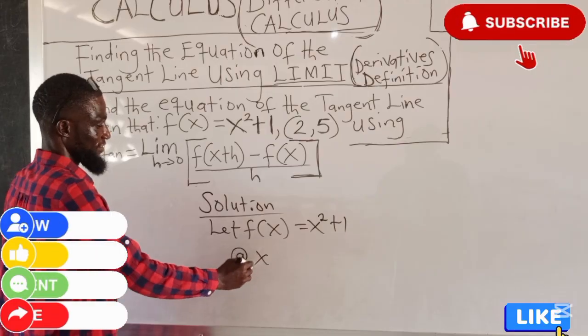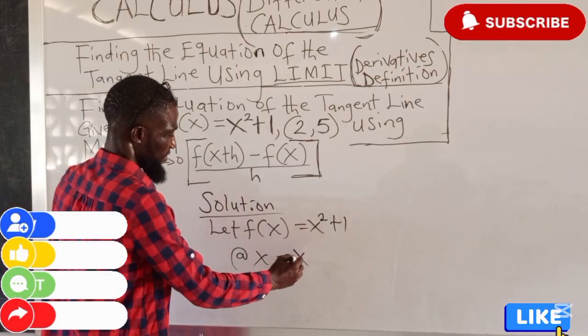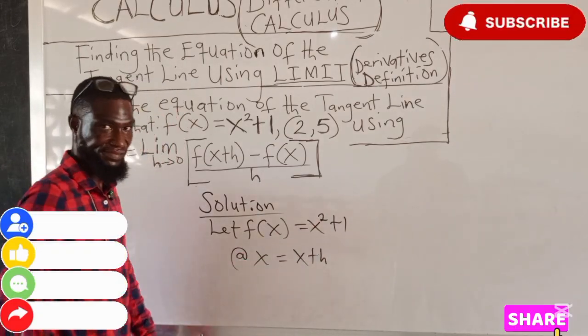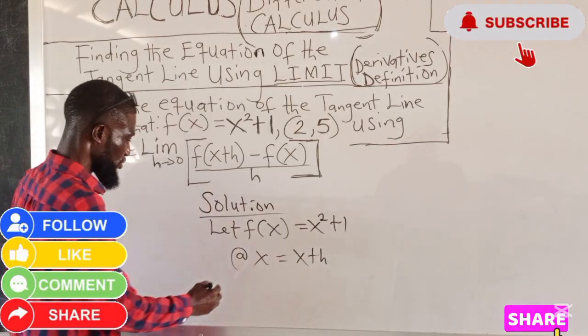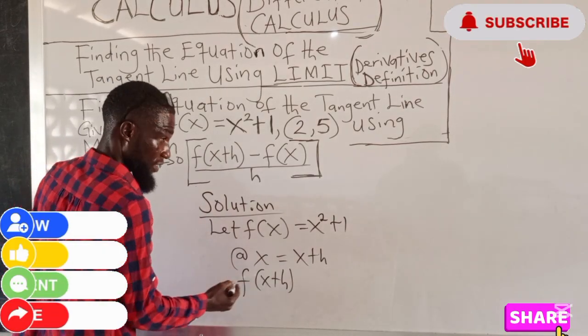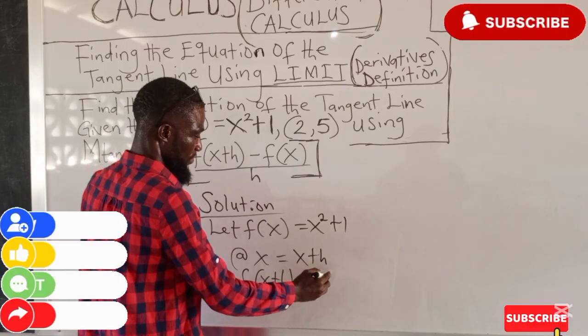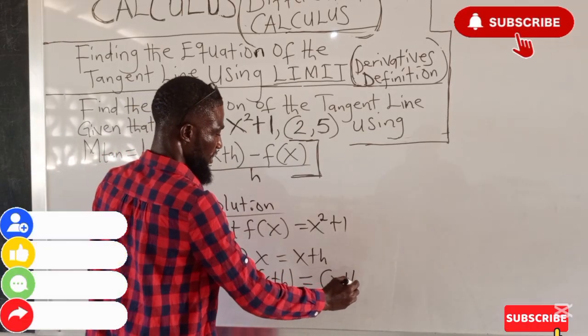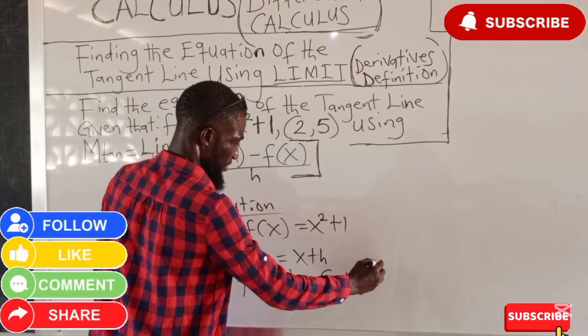And f of x plus h, in conclusion, we say f(x + h) should be equal to (x + h) all squared plus 1.